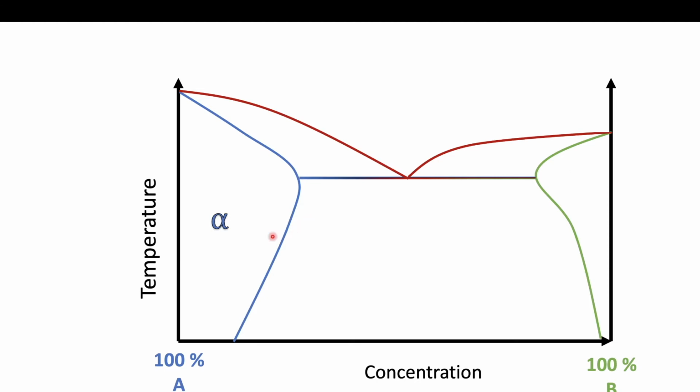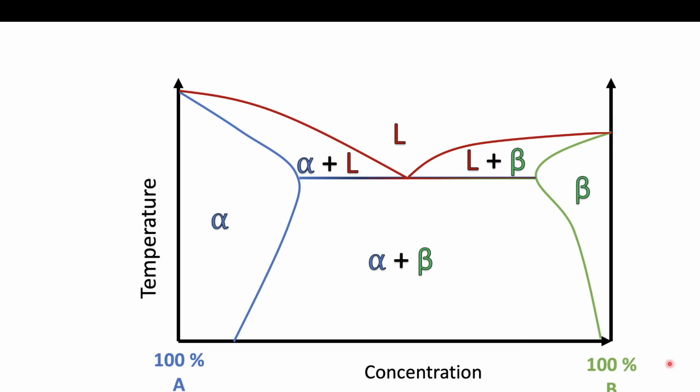For example, this we call alpha, this we call beta, and the liquid phase we denote by L. The spaces in between these phases are called two-phase regions, and you have alpha plus beta here, liquid plus beta here, and alpha plus liquid here. So this is sort of like a map which tells us where a phase can exist, where phases have to coexist, and where they have to change.